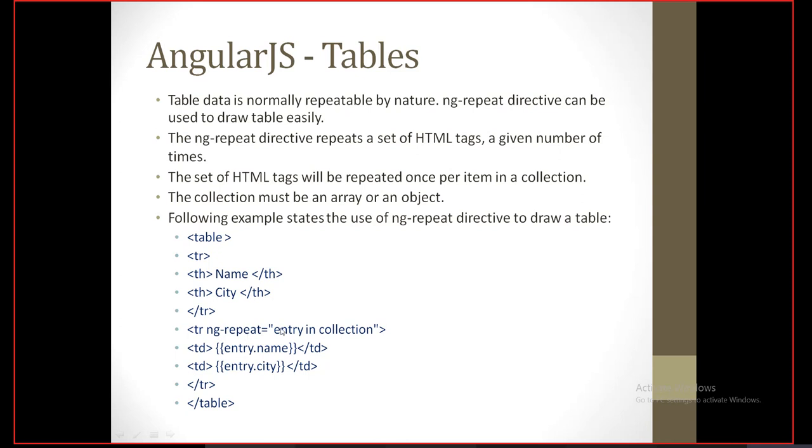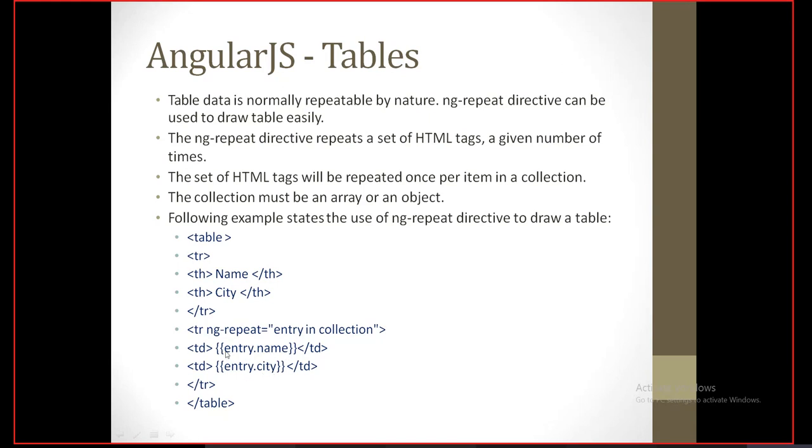And as I told, what will be the value? It will access row values either from an array or a collection or an object, and then it will display them one at a time. The element will be stored in a variable, maybe called entry. Here we can consider the collection is an array of objects, and we are picking one object from this collection into entry, providing a reference to it, and then we are accessing the data members of that object, entry.name, entry.city, likewise.